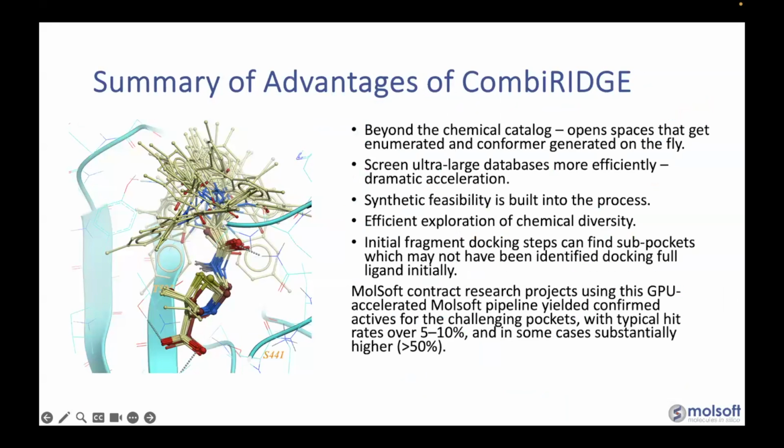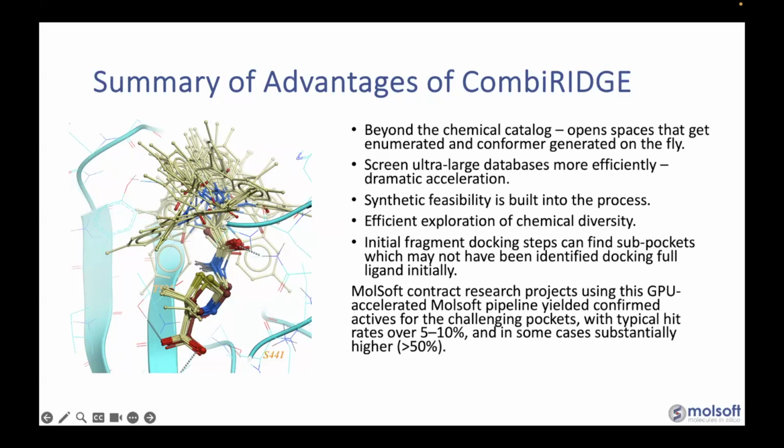So as a summary of why you might want to use CombiRIDGE. CombiRIDGE goes beyond the traditional chemical catalogs. It opens up new regions of chemical space where compounds are enumerated and conformers are generated on the fly.